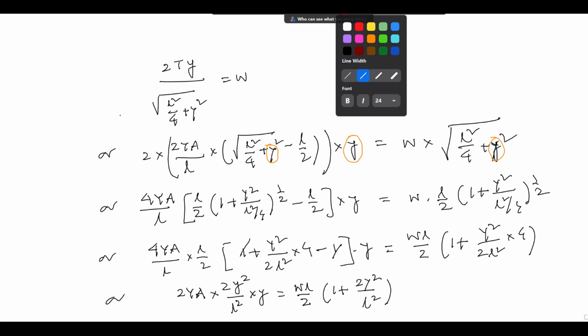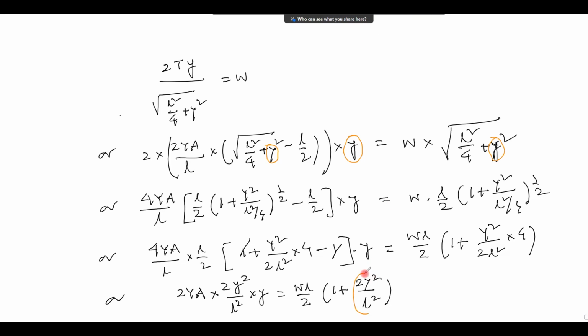Now this is in plus form. Can we ignore this? If this is not negligibly small, then the solution will be extremely complex, because here you are having y cube and here you are having y square. But fortunately, this is in plus form. You can ignore only in plus or minus form.